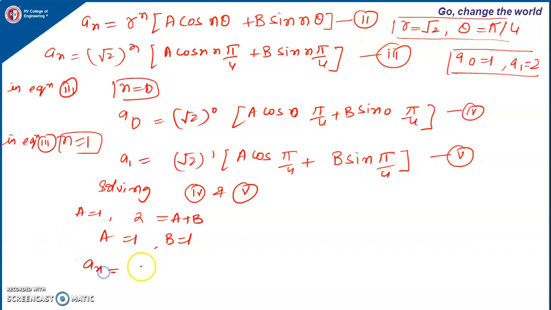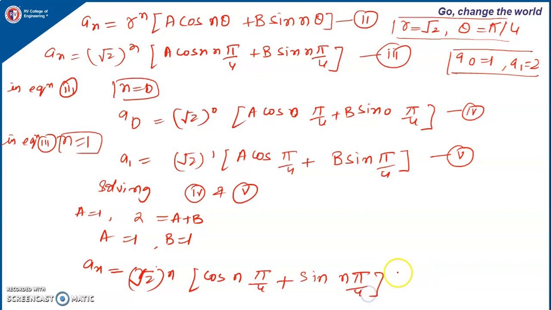So a_n will be r power n, and r is the square root of 2 power n, a is 1, so cos n pi by 4 plus b is also 1, so sin n pi by 4. So this is the final solution of the given recurrence relation. Hope the concept is clear to you. Thank you for watching.